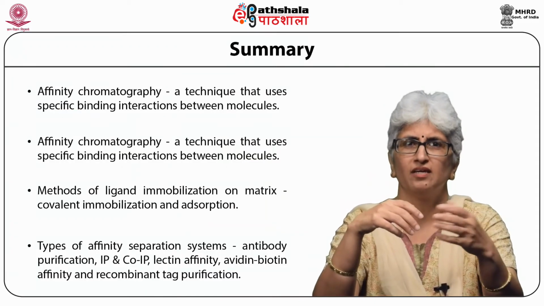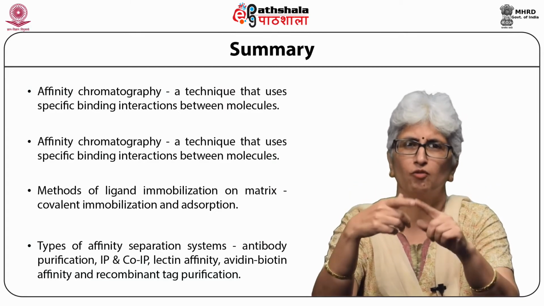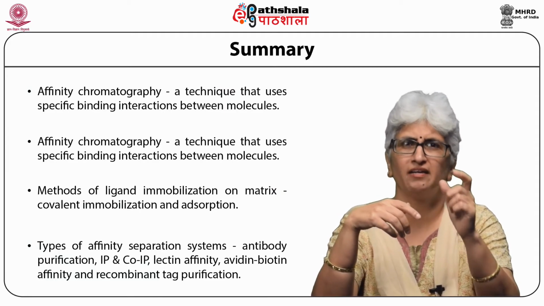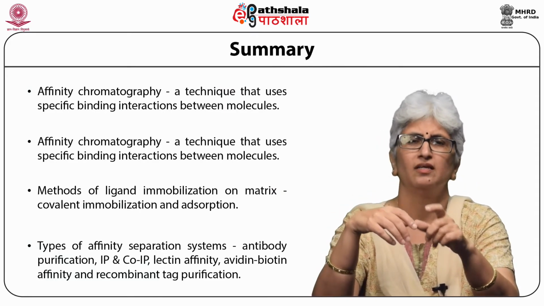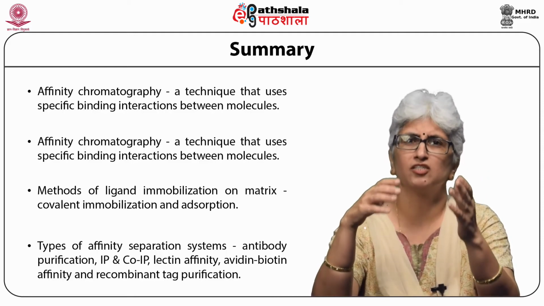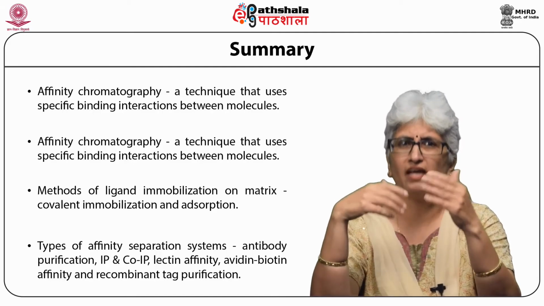So students, let us summarize what we have learned from this module. Affinity chromatography is a technique that uses specific binding interaction between molecules. Affinity chromatography has three main components. First is the solid matrix, second is the spacer arm, and third is the affinity ligand.